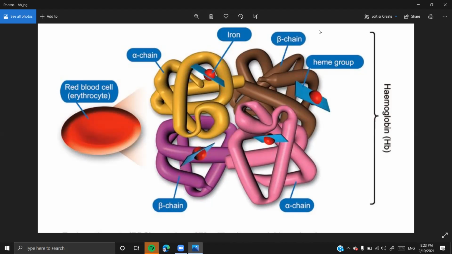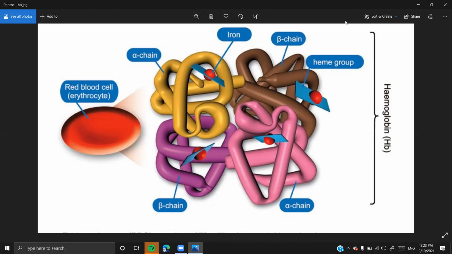Thalassemia comes under the category of a quantitative abnormality, where the quantity of the globin chains in the hemoglobin is going to get reduced. Okay, so thalassemia is a Mendelian disorder which comes under the autosomal recessive disorders, and it is a quantitative abnormality in the production of the globin chains.